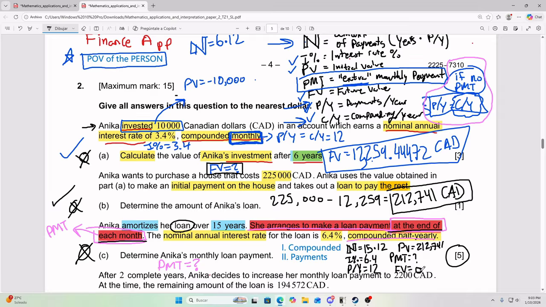FV will be 0. And your PMT will have to be negative. We still don't know which one, but it's some negative value. So yes, the loan is 212,741, but these monthly payments, which are negative values, apply continuously to this, and will eventually make it reach 0.